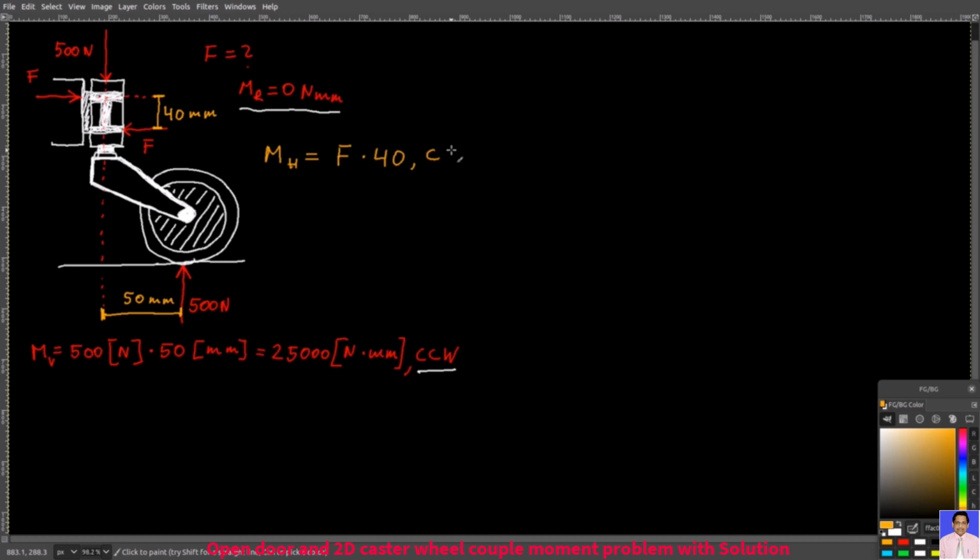and it's of course clockwise, and so the resultant moment needs to be Mv plus Mh, or 25,000 Newton millimeters counterclockwise, minus F times 40 Newton millimeters clockwise, and that's why you have this minus sign here, and it has to equal 0 Newton millimeters.